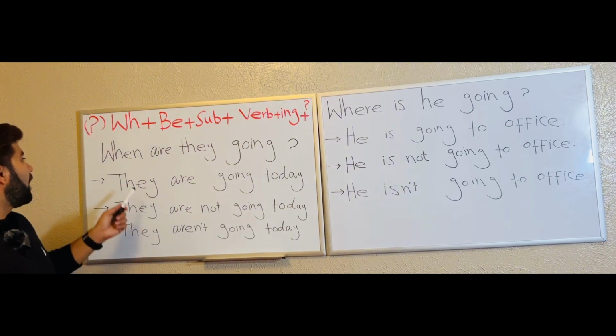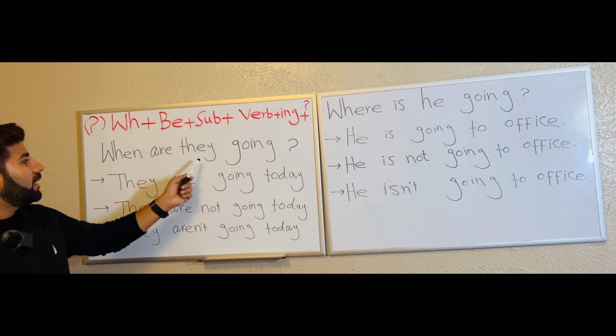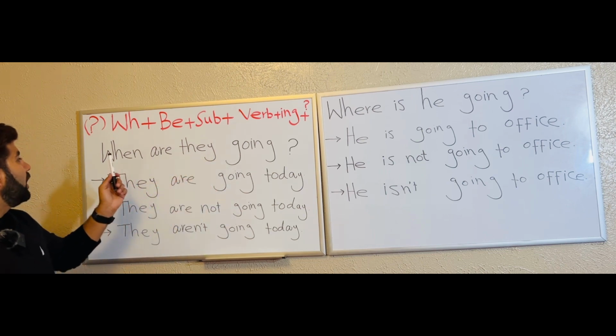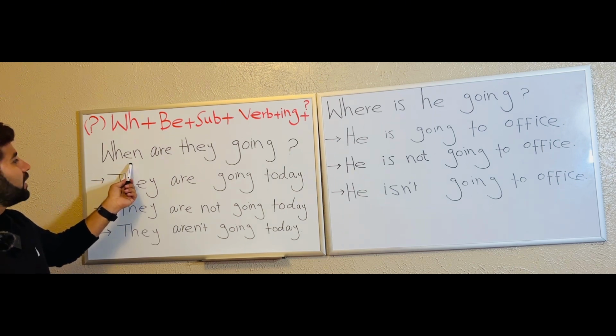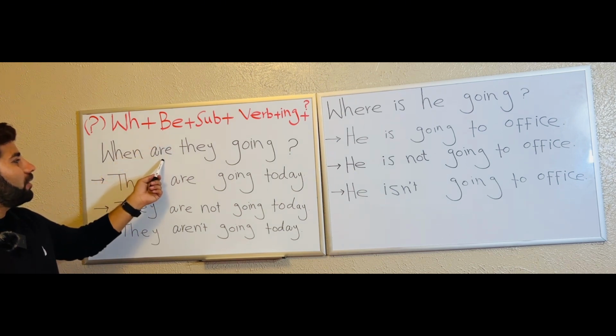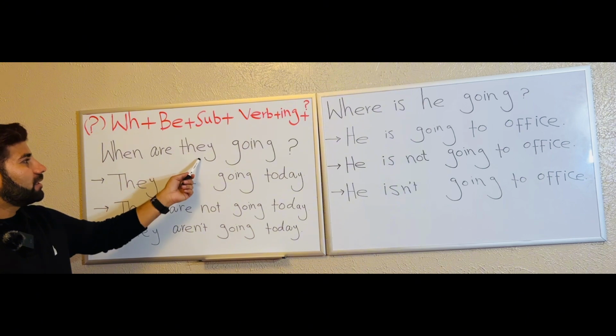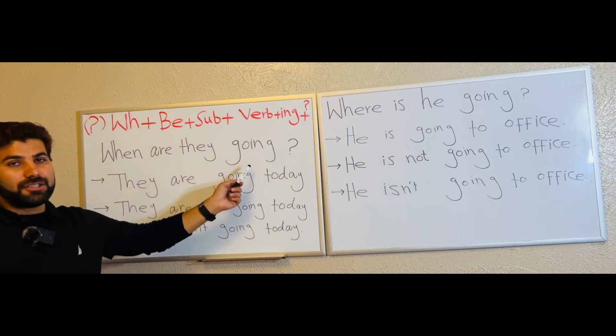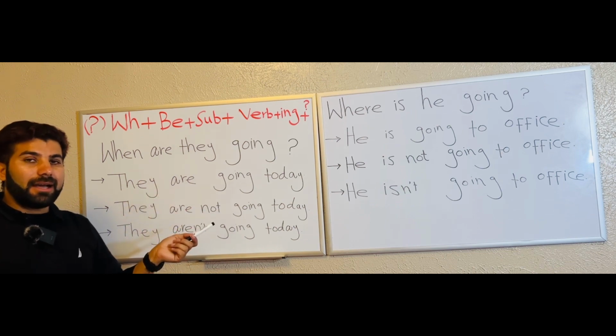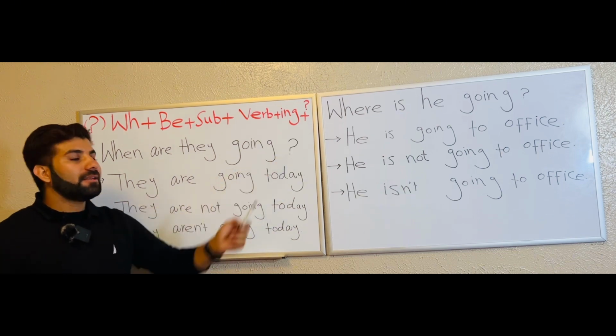For example, when are they going? We put when at the beginning of the sentence, and then be verb are, they the subject, and then go the action verb, and we also add ing to convert to an ing form, at the end a question mark.